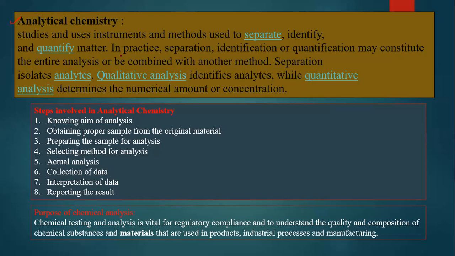And in analytical chemistry, you are going to separate the compound, identify the compound, and do its quantification, and find what its constituents are and how it is formed. These are the things you are going to learn.